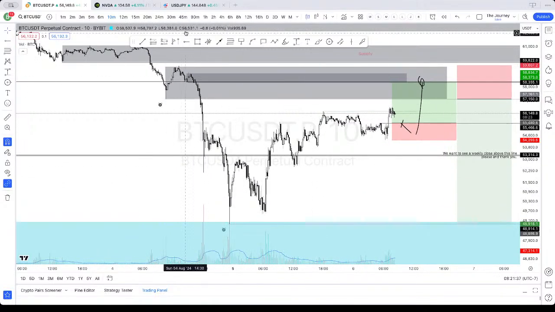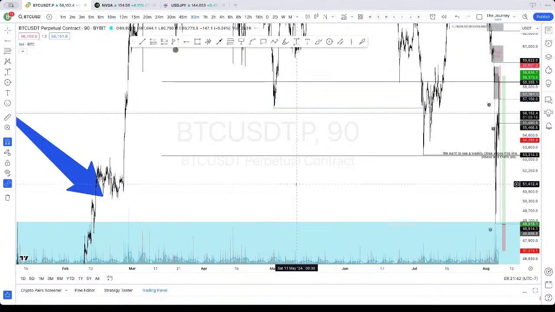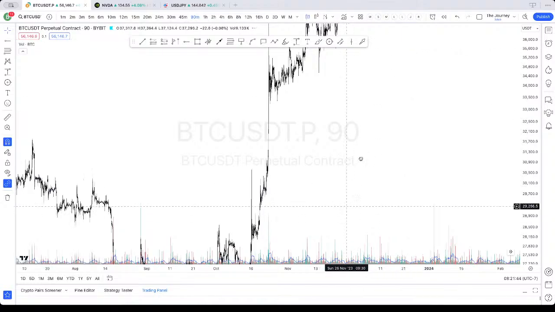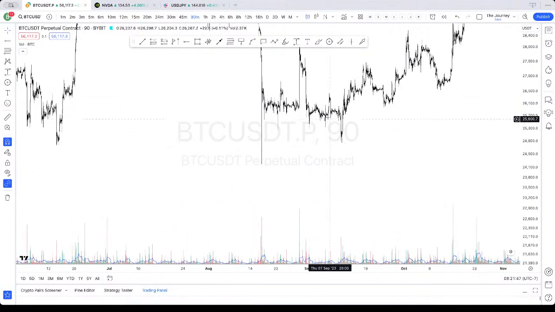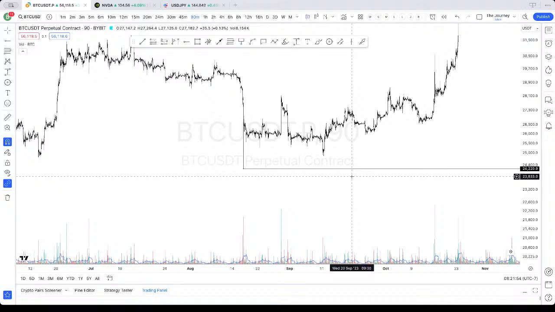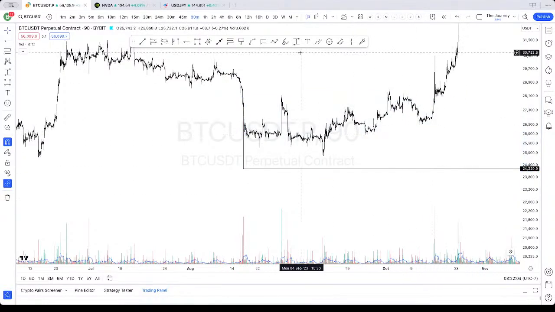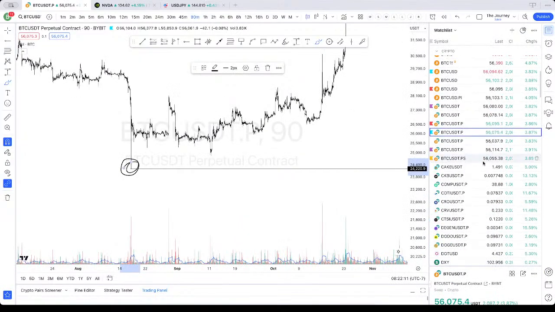The only time that the Coinbase chart came in handy for me, somebody asked about this a little while ago, so we're going to take another look at it. This wick right here, this is the only time that the Coinbase chart was ever really handy to me. This is a proper accumulation model, but only if you look at it on the Coinbase chart, because this initial low here was not taken on the perpetual futures charts. It was taken on Coinbase.